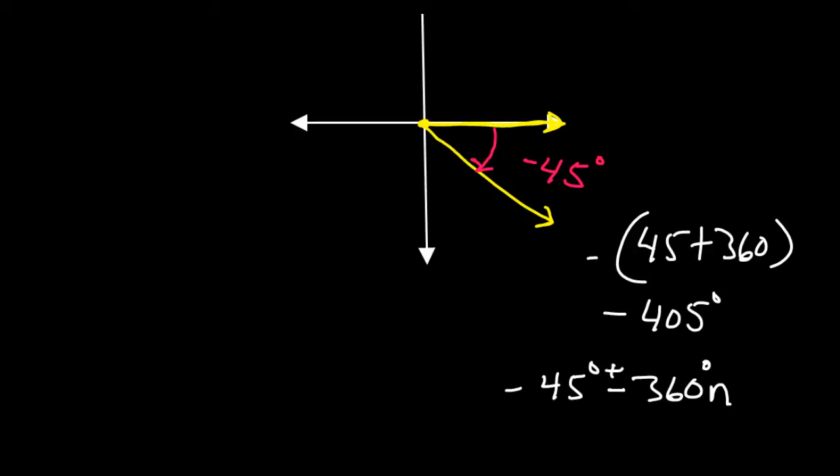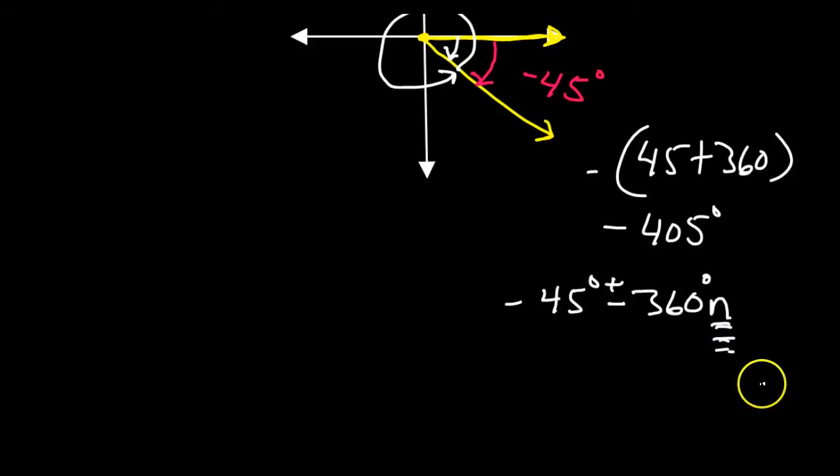I could have gone my negative 45 degrees, and then after that, added 360, and another 360, and another 360. The repetition is the n.